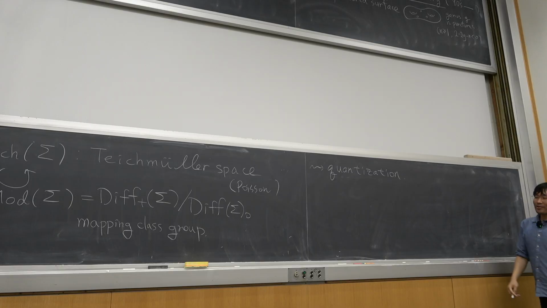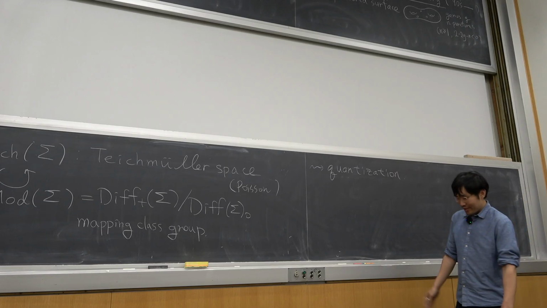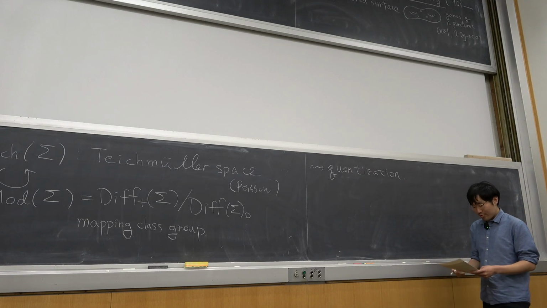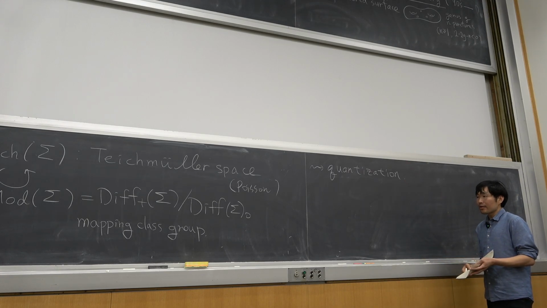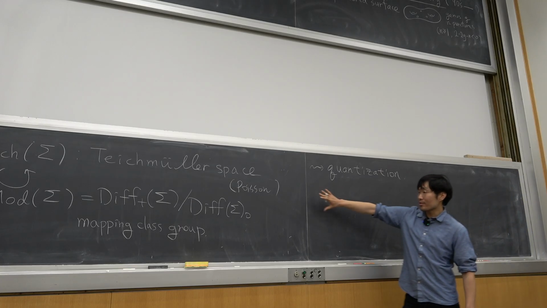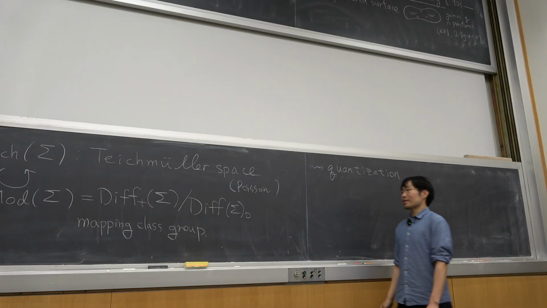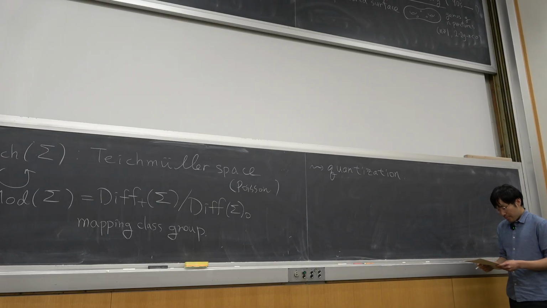And I'm not even going to define this word very precisely, but as I said, I'm going to review only a very small bit of all this story, so that the only certain things that I will be using are for the Thompson group T. And then when I quantize this Teichmüller space with this Poisson structure, I have to take this mapping class group action into account, and you will see how it appears.